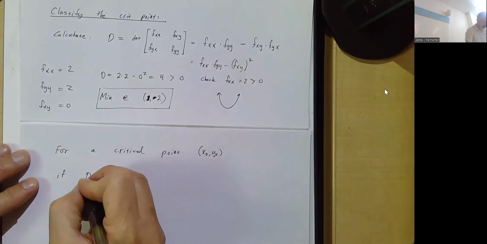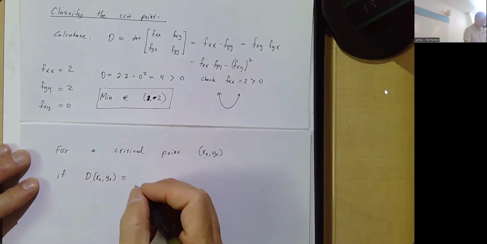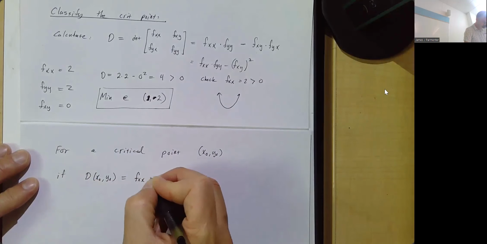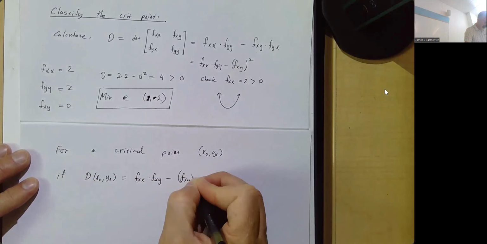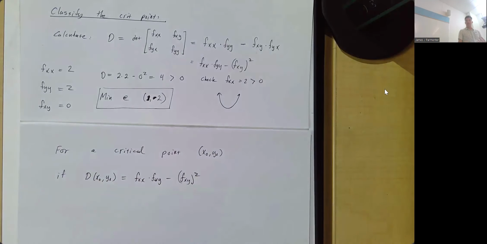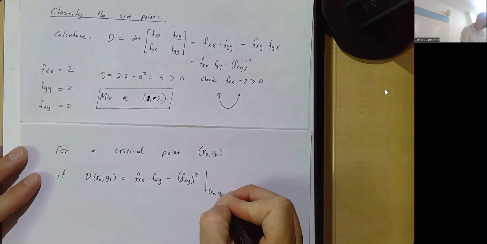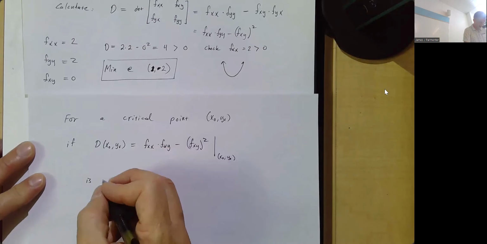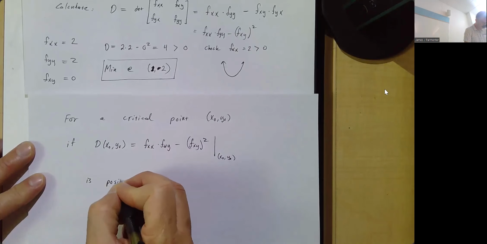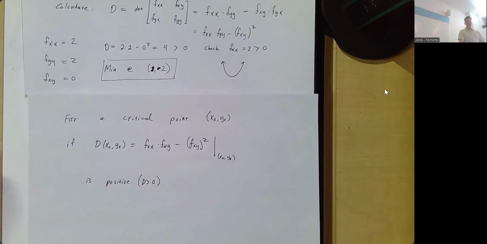If D of (x naught, y naught), which is equal to fxx times fyy minus fxy squared, evaluated at the point, so you'll plug in x naught, y naught. If D is positive, D is greater than 0, then you have to check one more thing.